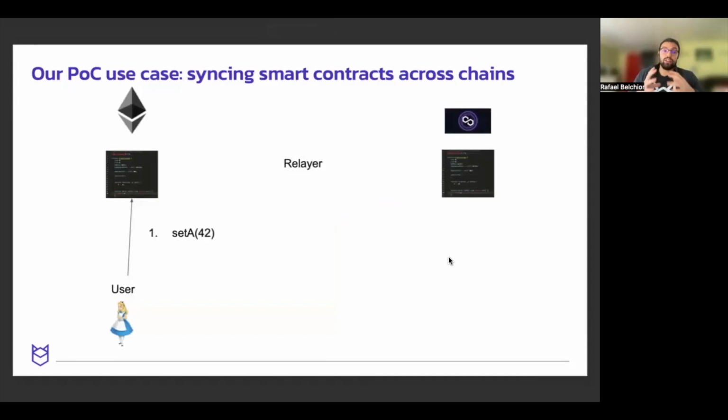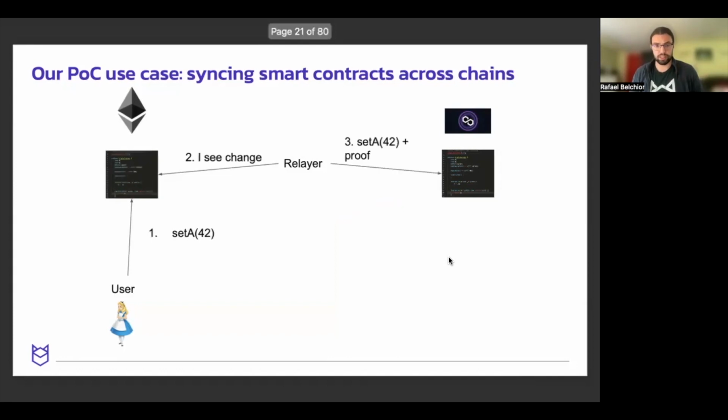So the idea is that the user on the source blockchain, which is Ethereum, will transact against this smart contract, for example, changing the value of A. Then an off-chain relayer sees the change in the smart contract, namely by analyzing the transactions that are confirmed on the Ethereum network.